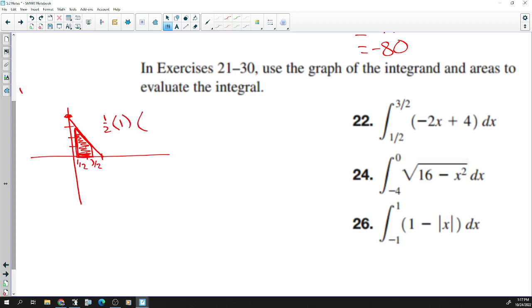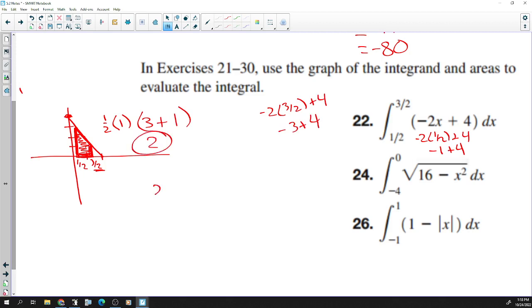Base 1 is what we get when we plug 1/2 in. So negative 2 times 1/2 plus 4, negative 1 plus 4, well that's 3. And then the other base is what we get when we plug 3/2 in. So negative 2 times 3/2 plus 4, that's negative 3 plus 4, so that's 1. So half of 4 is 2. So the answer to number 22 is 2.